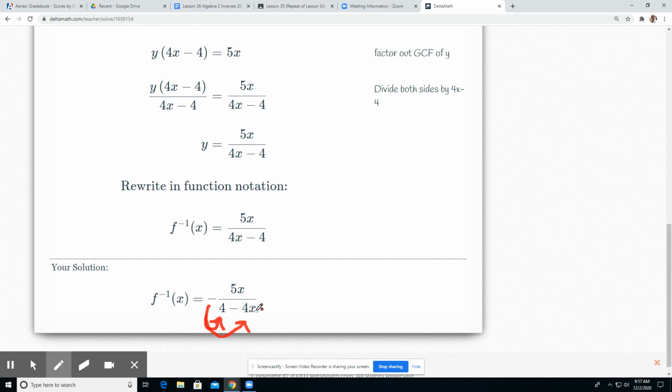So if that negative sign distributes to the bottom, this becomes a positive 4x. This becomes a negative 4. So it would be 5x over negative 4 plus 4x. And then if I just put the 4x and negative 4 and switch the order there, addition is commutative, so I can just switch the order there, then I get exactly the same thing they have.